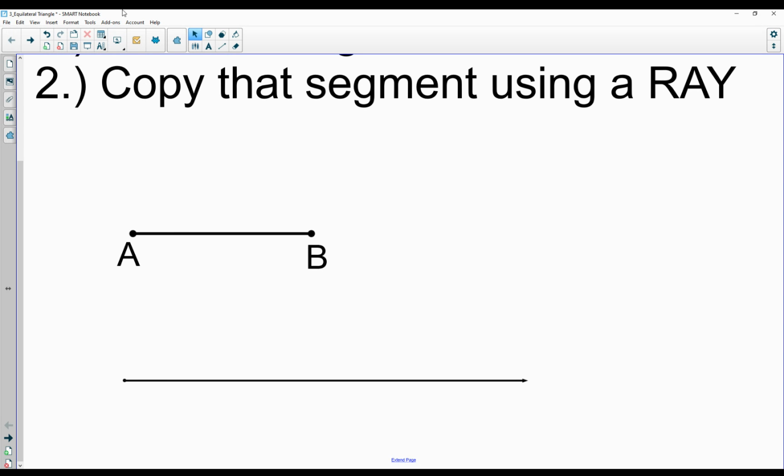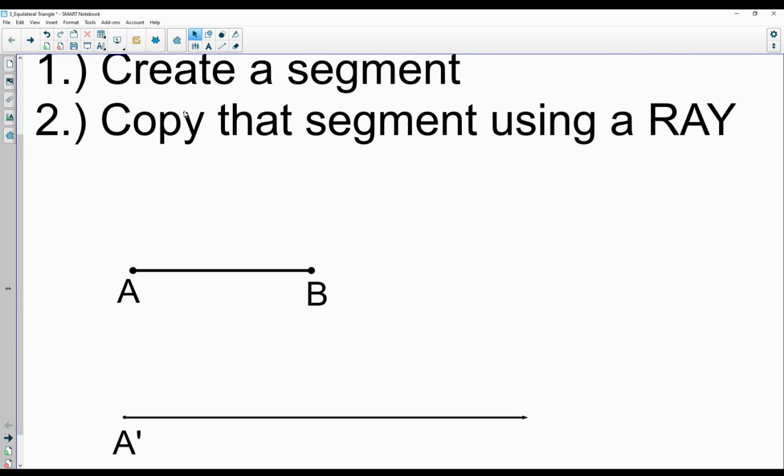Now, since we're copying segment AB, when you copy a segment or you copy anything, you can't take the original points that you have. So A and B are no longer A and B. It's a copy of A. So to show that you've copied point A, we call it A prime. I'm going to take down here and use this endpoint and call it A prime.